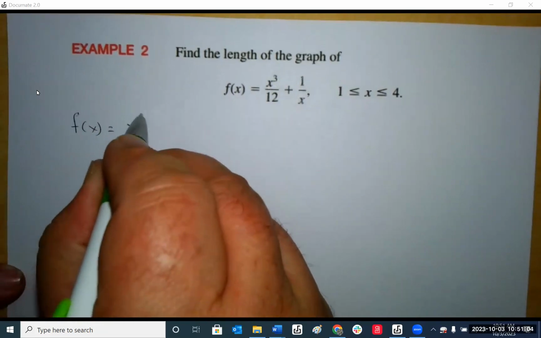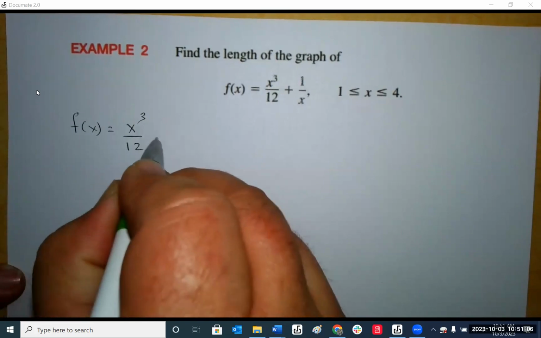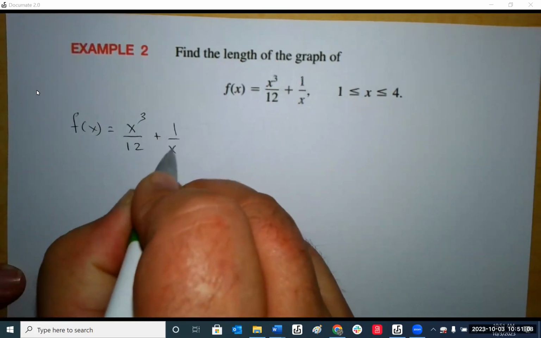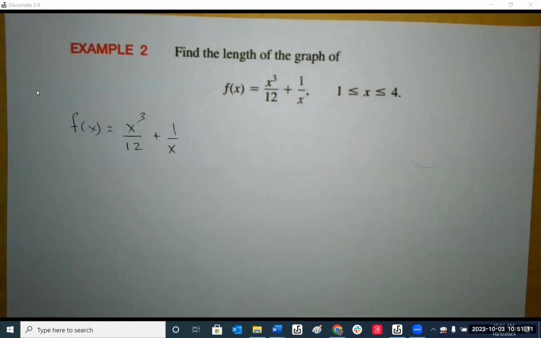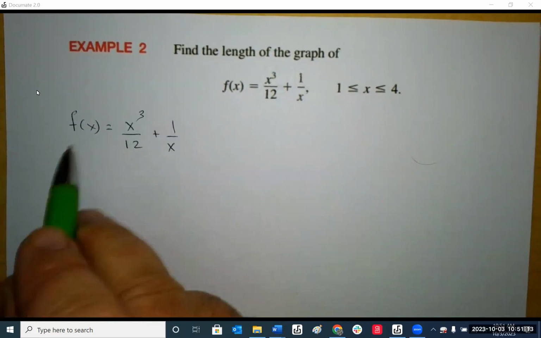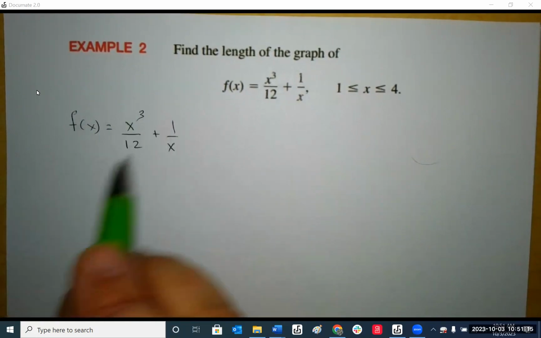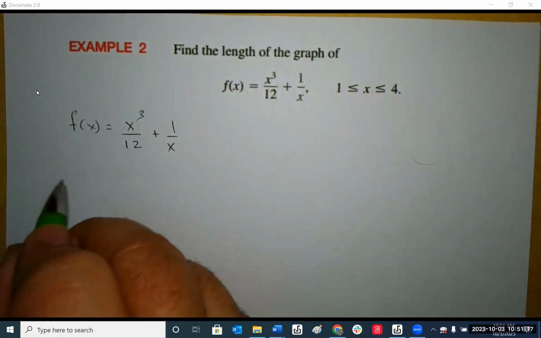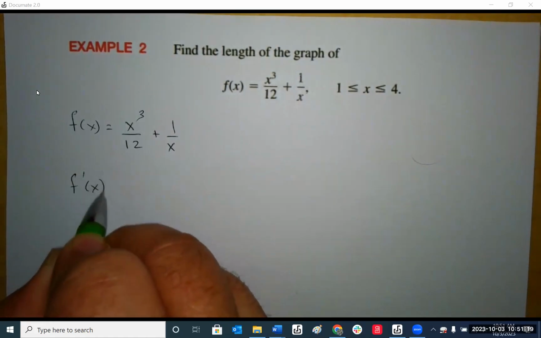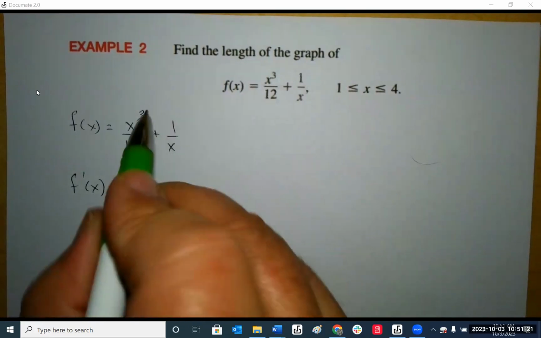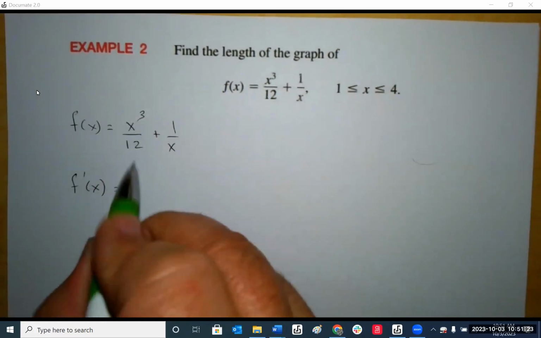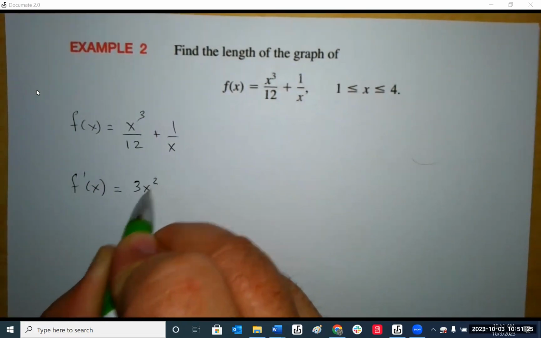f of x is x cubed over 12 plus 1 over x. What's the first thing we find with this thing? Let's find f prime. The derivative of this first one is 3x squared over 12.